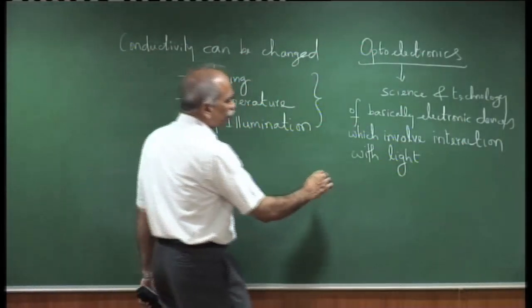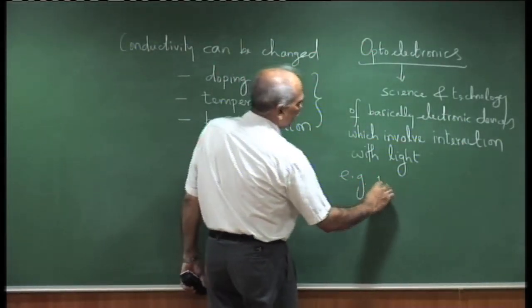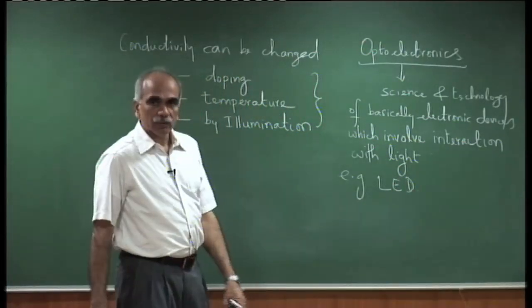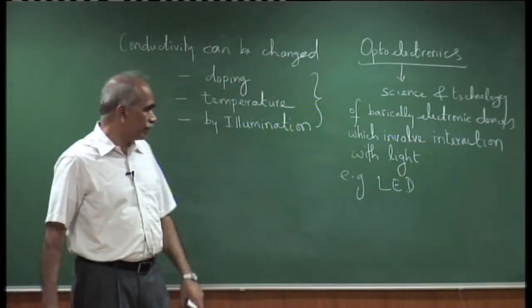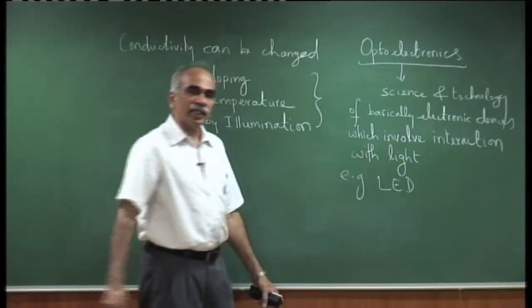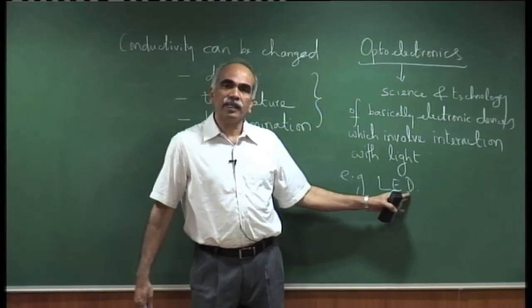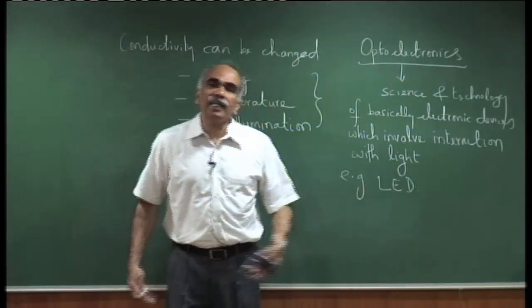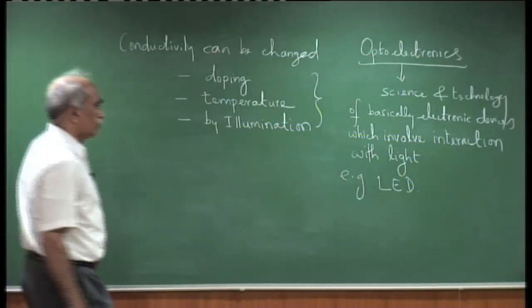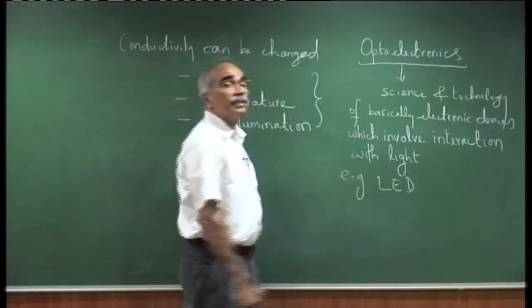Just to give you an example, an LED, a light emitting diode, is basically a PN diode. A PN diode is an electronic device, but it involves emission. When you pass a current through a forward biased LED, it emits light. And exactly like that, photodetectors, where when light is incident on a photodetector, it generates current.